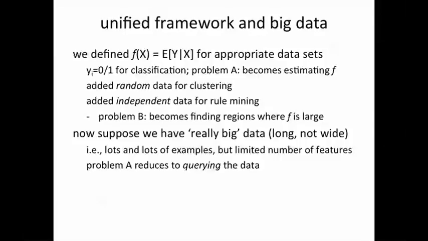And indeed, if you really have enough data that for every possible combination of x we can compute this expected value with some degree of accuracy, then finding out which class an instance belongs to is simply a matter of querying and figuring out for that particular combination how many positive instances have you seen and how many negative, and deciding based on the expected value.